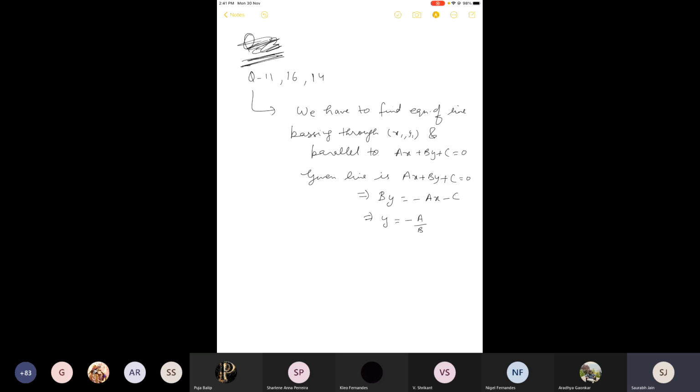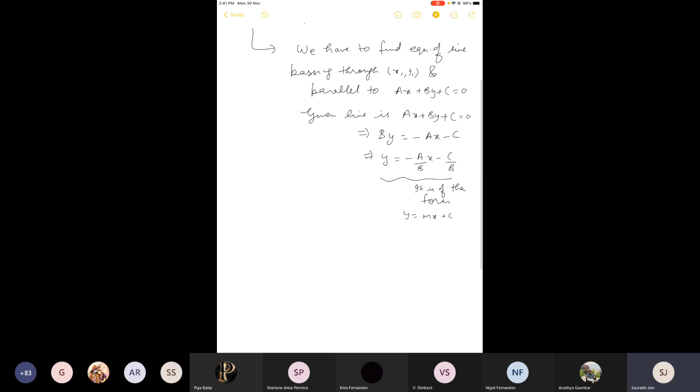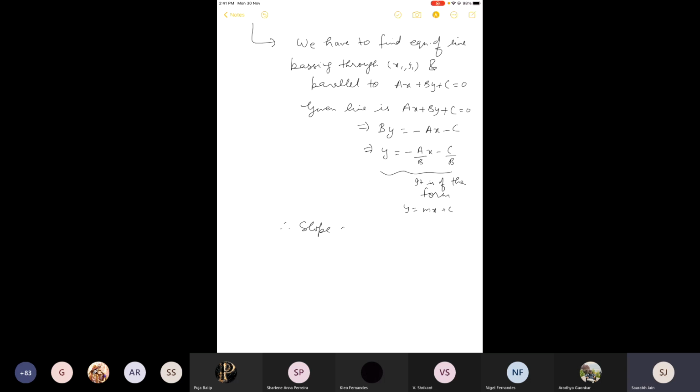So I have transposed these two terms, ax and c, to the right hand side, and then I am dividing the whole equation by b, that is coefficient of y. So now it is of the form y equals mx plus c. So from here we can see that the slope of given line is minus a by b.